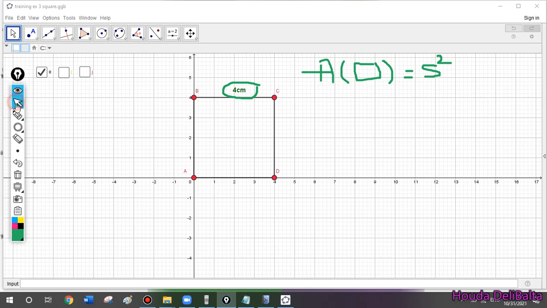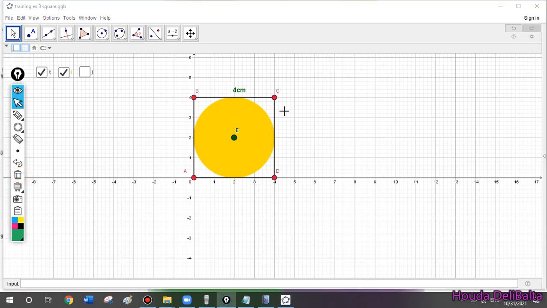Let's continue and see. That yellow circle is a circle that's tangent to all sides of the square. So, that's a circle of center E and radius. Who can guess how much is the radius of that circle?